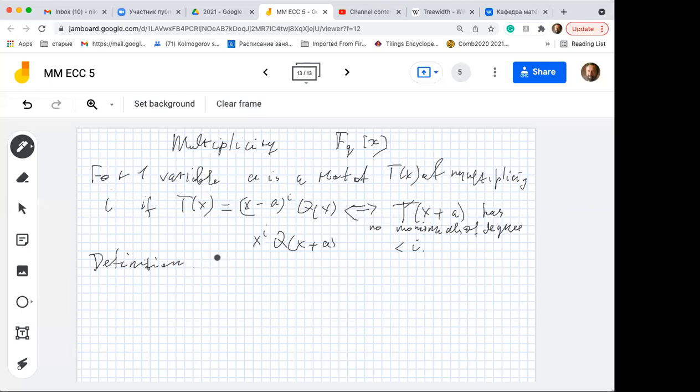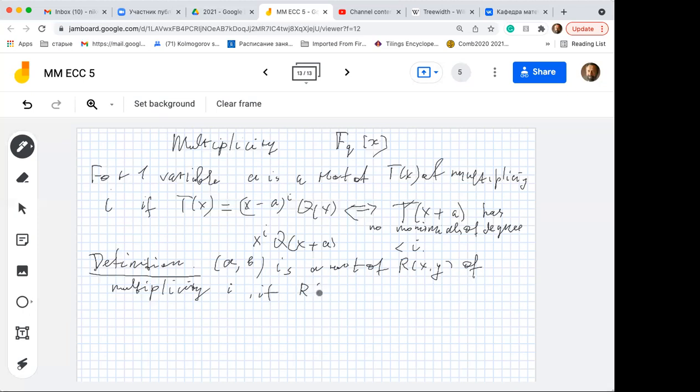So we say that a pair of elements from our field, that means from F_q, is a root of R of x, y of multiplicity i if the following holds.